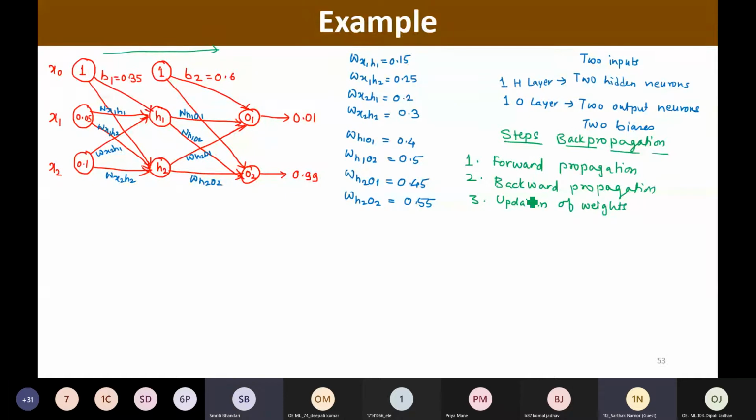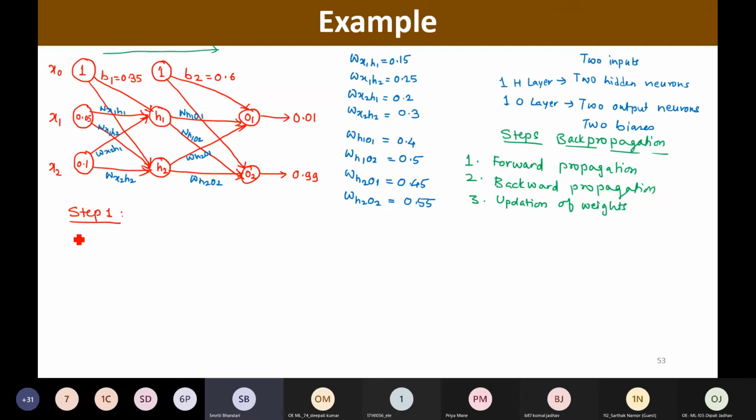So now let us go to step number one. So what we are going to do in step number one? See, we are having here the inputs. So first of all, we are going to find out the inputs for these hidden neurons, H1 and H2.